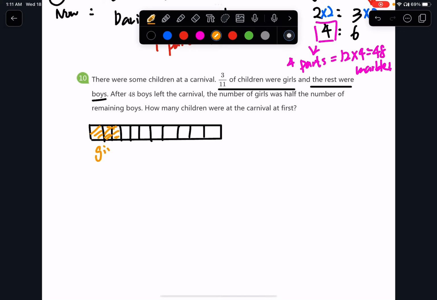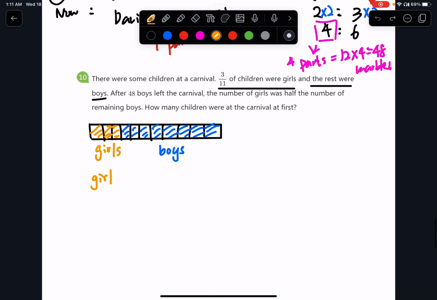So this is girls, and the rest are boys. So what is the ratio between girls and boys originally? It will be 3 to 8, right? 3 to 8.